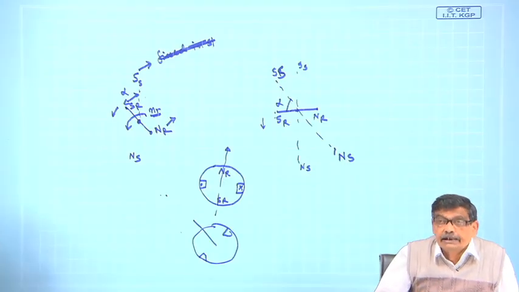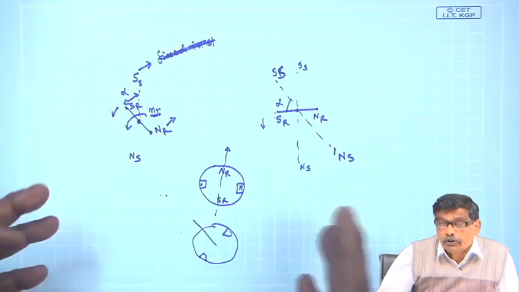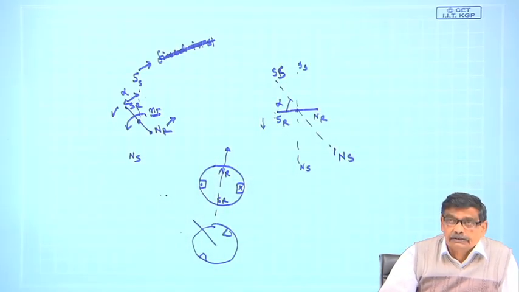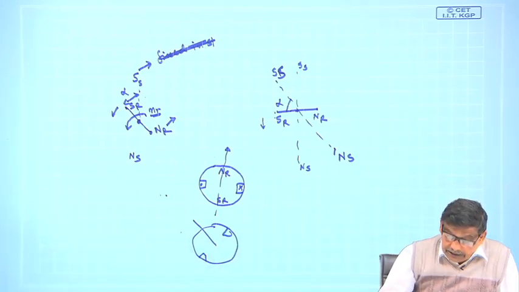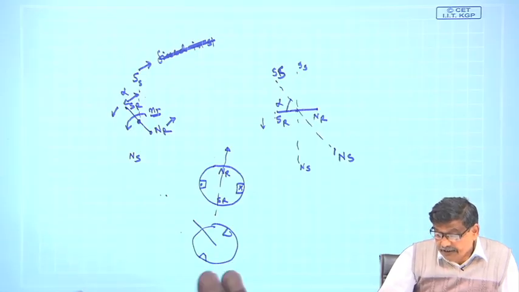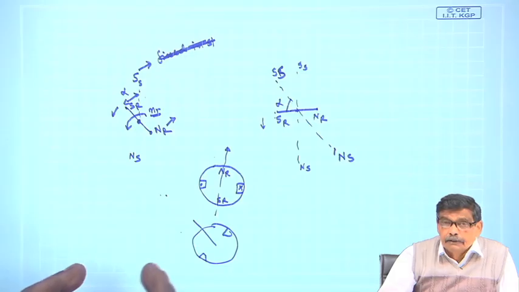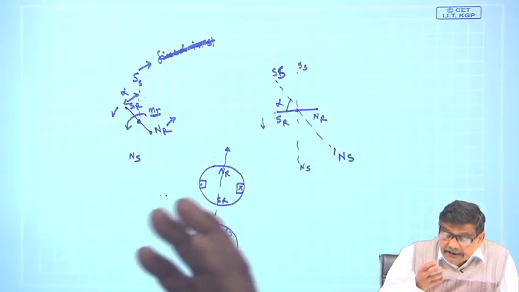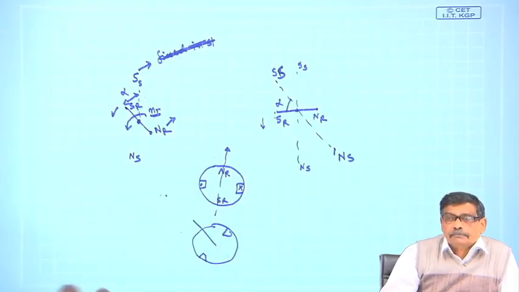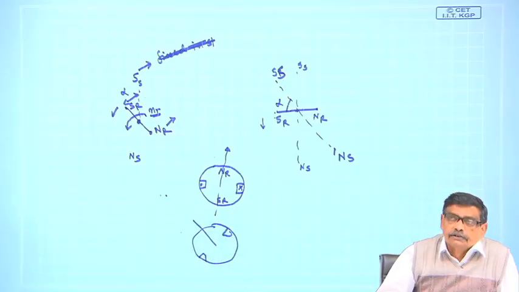Then only is sustained electromagnetic torque produced. I really at this stage do not know how to achieve this. How to achieve this is a big question, no doubt. But what I am telling from physical consideration is that in any machine, be it a DC machine, synchronous machine, induction machine, this must be happening. How it is happening, we will see after a few lectures or so.